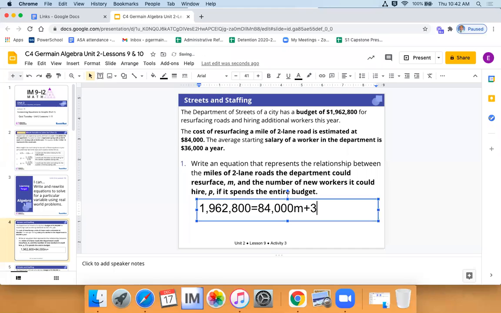So it's going to be 36,000. Make sure that you're putting the correct number of zeros here, my friends. 36,000 times the P number of people that we hire.